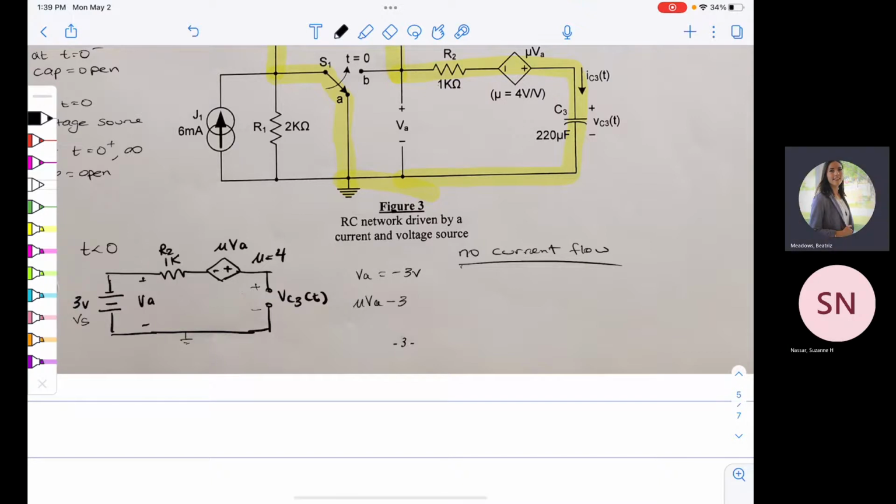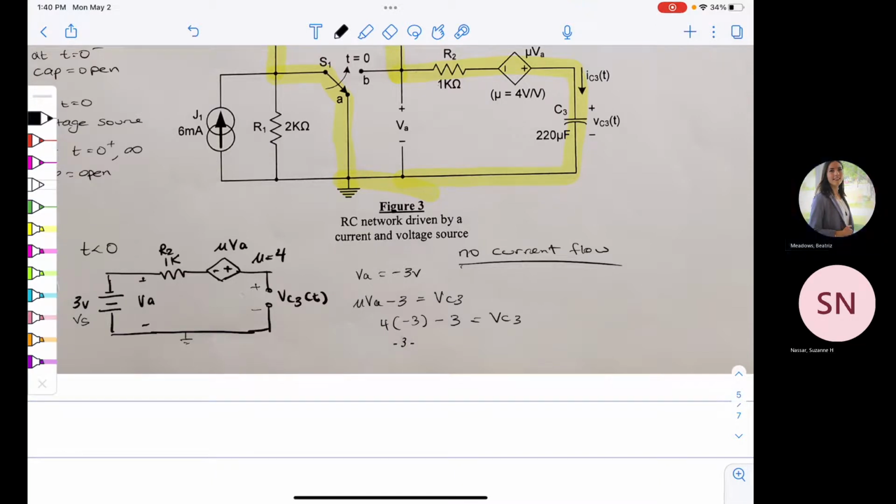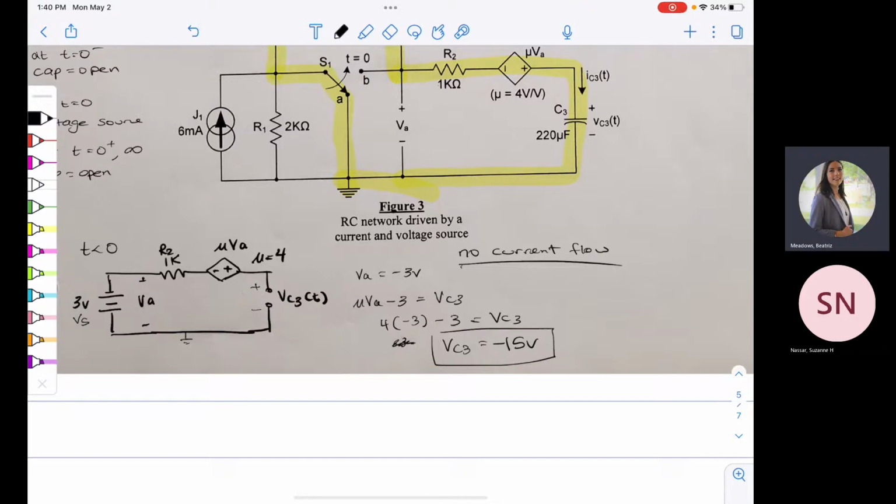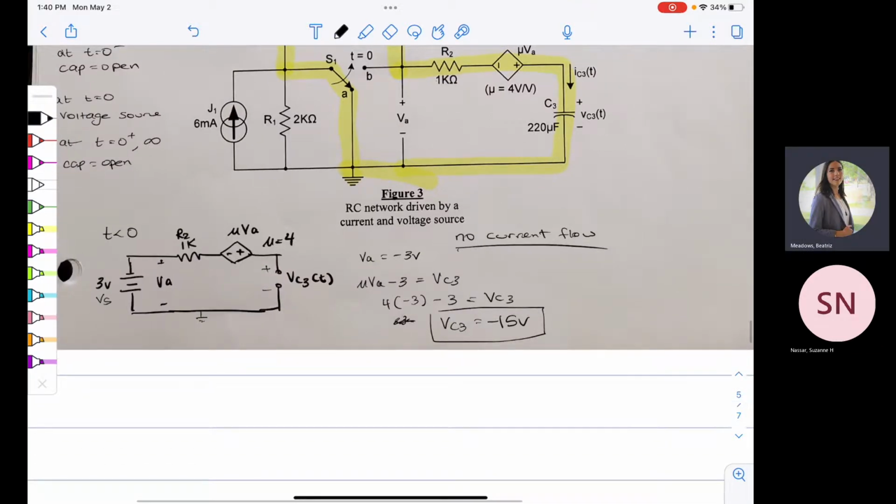So -3, and that equals our VC3, right? So we have mu, which is 4, times VA, which is -3, minus 3. So our VC3 is just -15 volts.